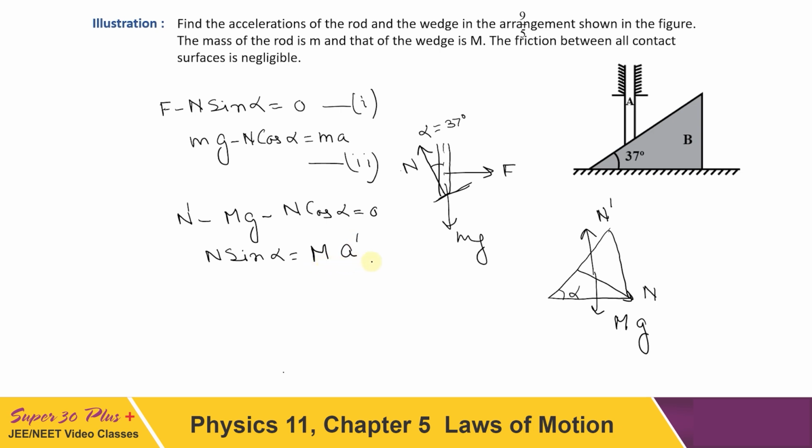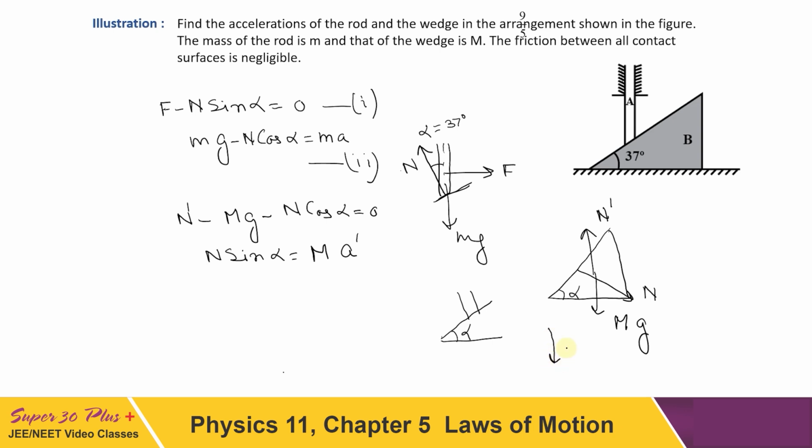Now one more relation we can write between a and a dash, because the rod is constrained to slide along the incline. Relative to the wedge, it can slide only in this direction, that is along the incline. So we can draw a vector diagram for acceleration.